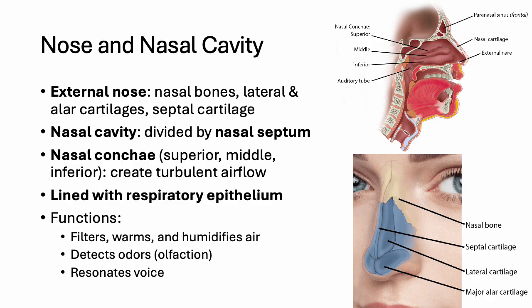They detect odors via specialized olfactory receptors at the roof of the nasal cavity and serve as resonating chambers that enrich vocal tone. Additionally, skin-lined nasal vestibules just inside the nostrils contain hair and sebaceous glands to block large particles. This complex and efficient entry system prepares air for its journey deeper into the respiratory tract.